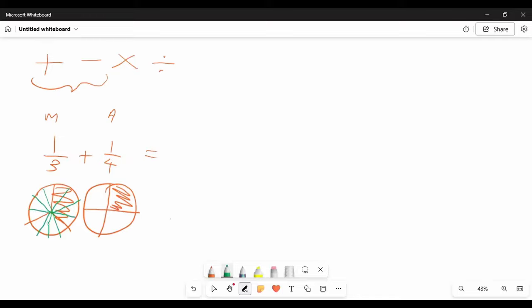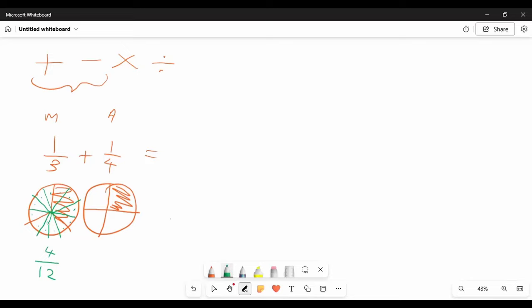So now tell me, in Malik's portion, how many pieces do we have altogether? 1, 2, 3, 4, 5, 6, 7, 8, 9, 10, 11, 12. Altogether there are 12 pieces. And I didn't shade anything extra. I already shaded only one part. We'll see the number of shaded pieces now: 1, 2, 3, 4. We have four pieces now. Are you all clear with this?